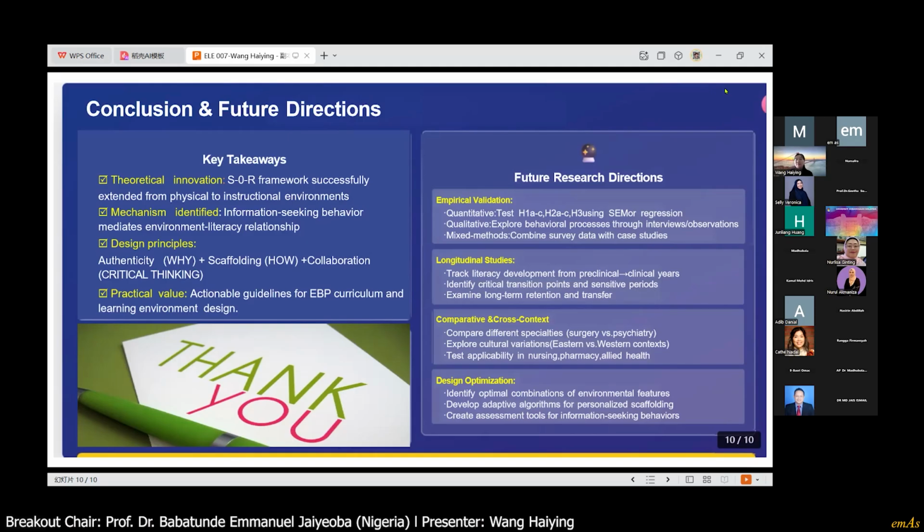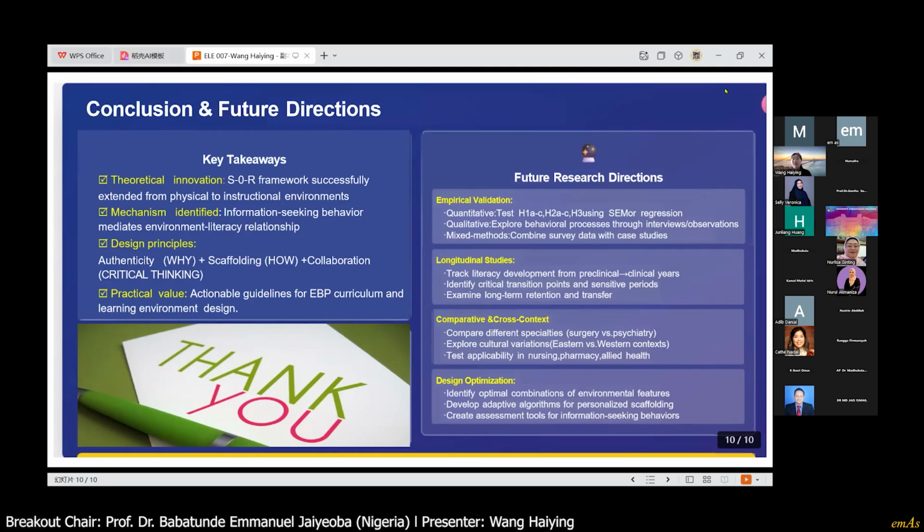We focus on the classroom because most of the time medical students have class with lectures. We can develop this environment because in the classroom, pedagogical strategy is very important, like problem-based learning, case-based learning, project-based learning.